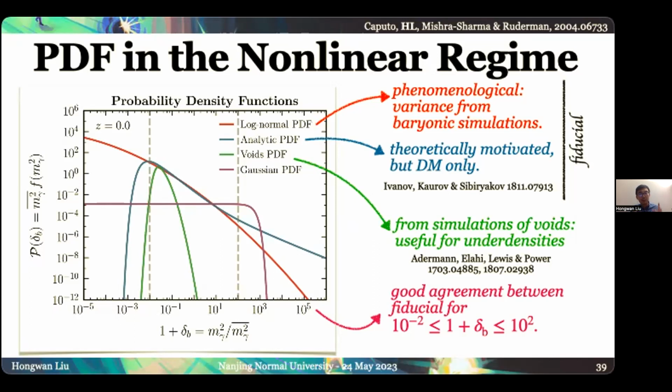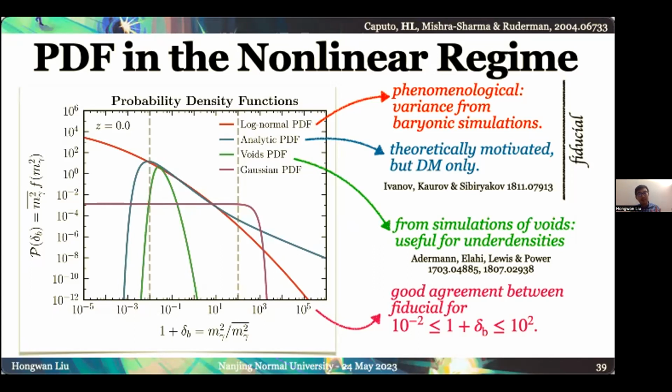And you can see here that, if we are looking at parts of the PDFs where we're looking at very significant overdensities, on the order of 10^2 or 10^3, or very underdense regions where it's like 10^-3, for example, then these two PDFs disagree a lot.